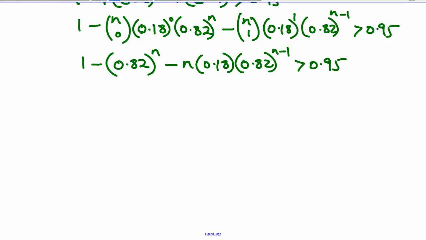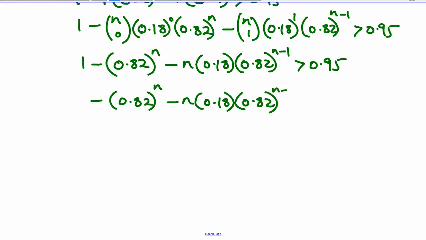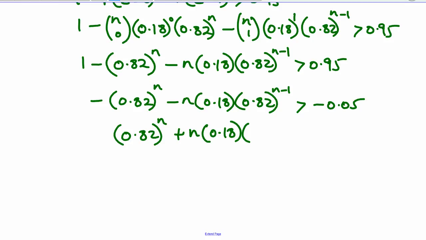I'll move the 1 to the other side, so I'll end up with 0.82 to the power of n minus n multiplied by 0.18 multiplied by 0.82 to the power of n minus 1 is greater than negative 0.05. If I divide each side by a negative, I'll end up with 0.82 to the power of n plus n multiplied by 0.18 multiplied by 0.82 to the power of n minus 1.